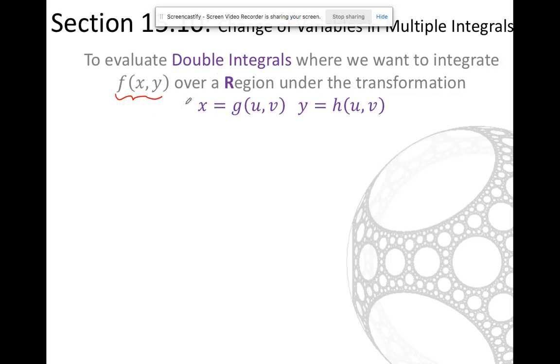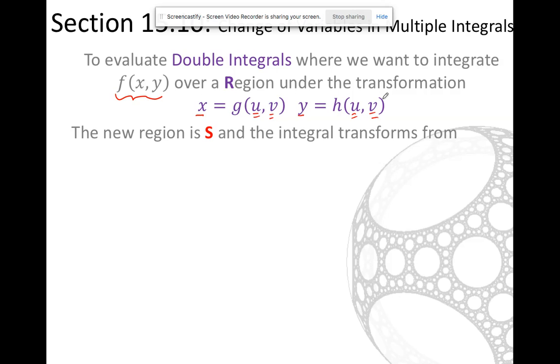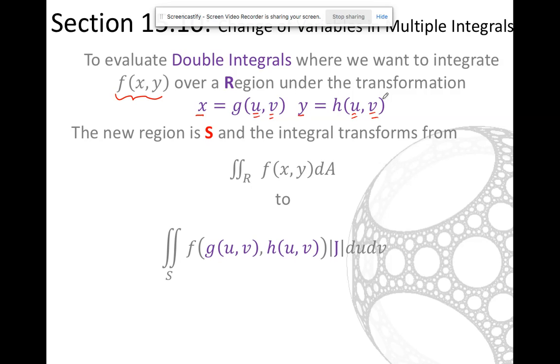But we want to create a transformation that takes x into a function in terms of u and v, as well as y in terms of u and v. And we're going to transform our integration over the region R into an integral over the region S.